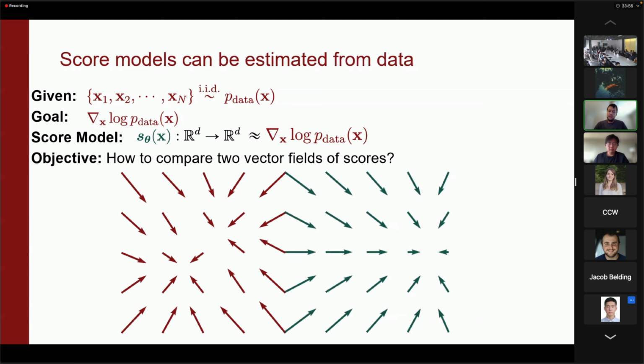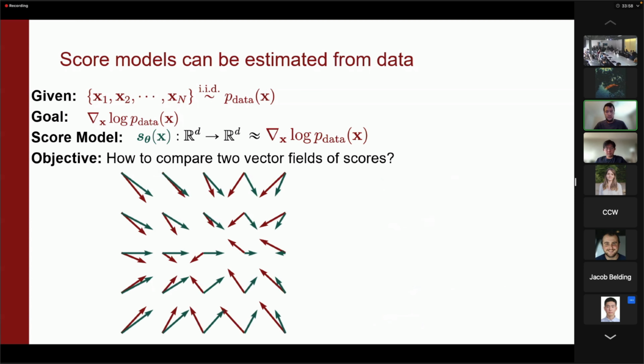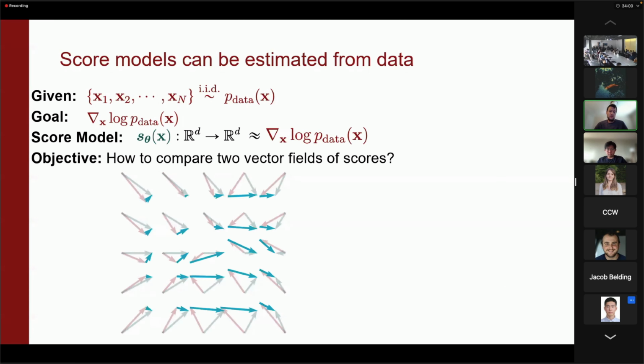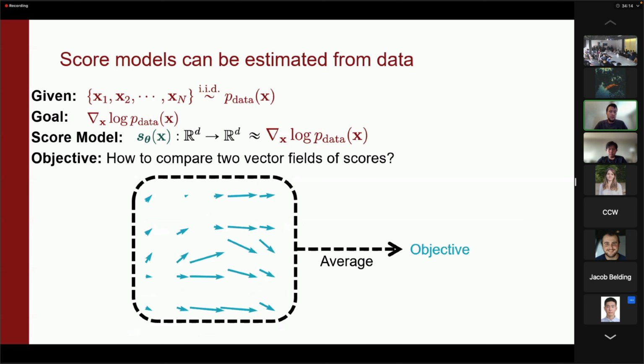At every point, you can look at the true vector field and the estimated one, and look at the difference. If you have a good model, these vectors should all be small. So one way to define a loss function is to look at the average size of these errors, and try to make it as small as possible. You can look at the magnitude of these errors, average them, and define a loss function you can try to minimize as a function of theta.